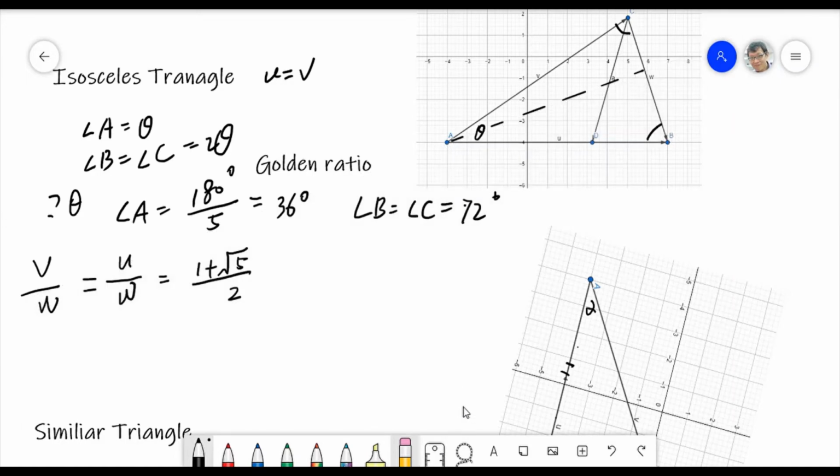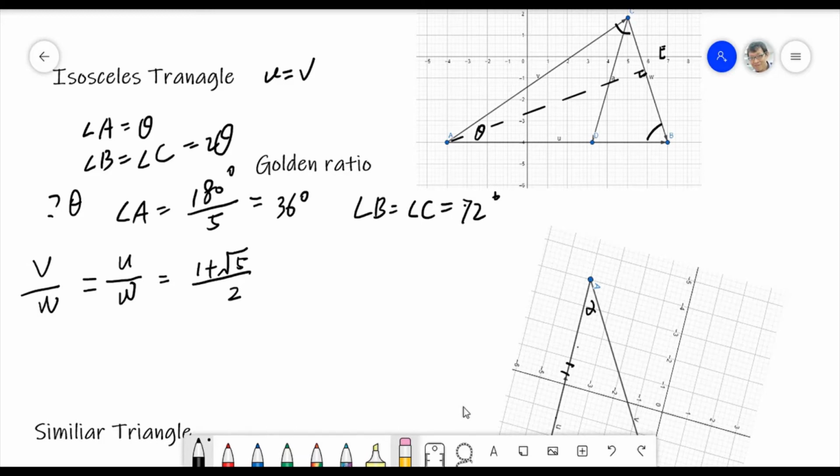This line is perpendicular to the base BC. I call this point E. Anyway, you don't necessarily need to base it on what I'm drawing. I'm not drawing very perfectly, so you might have confusion later.